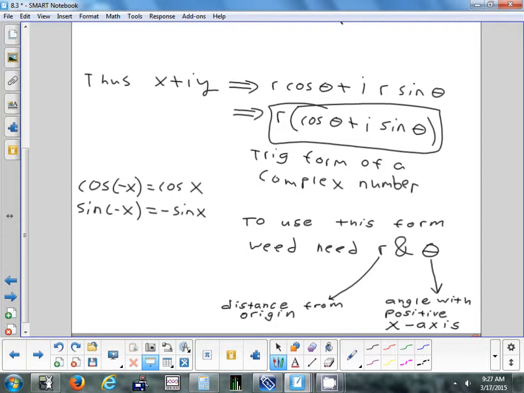Right, so that's one way of dealing with negative angles. Cosine, it goes away. With sine, you can take the negative and put it in front. Right, so what would that do? Instead of being a plus i sine theta, if you had a negative, it could be minus i sine theta. Okay, so minus i sine theta is okay. If theta is a negative angle, that could happen.